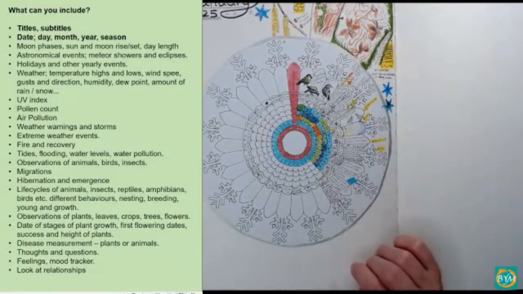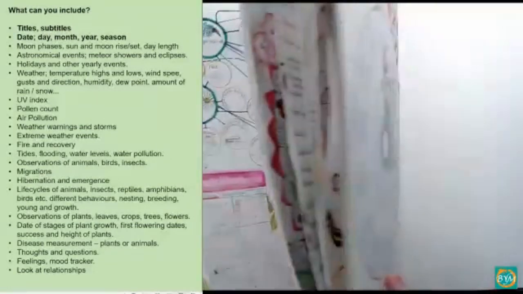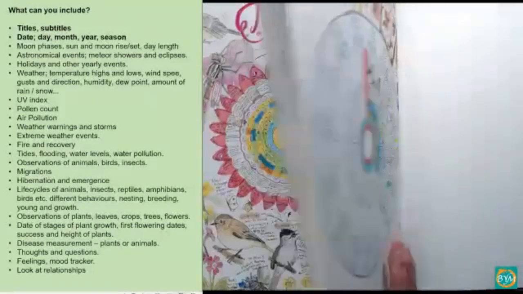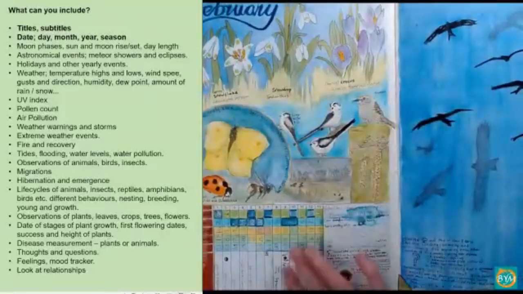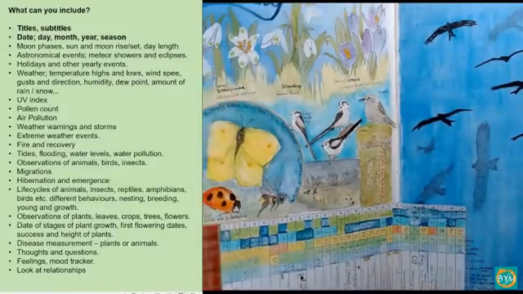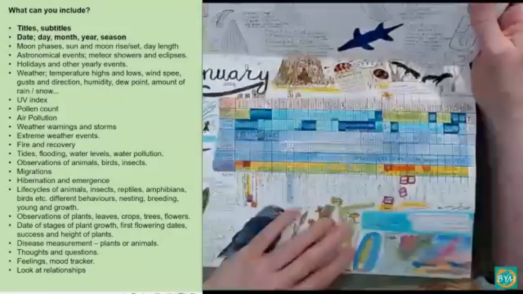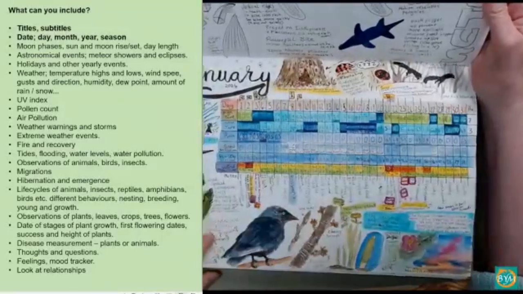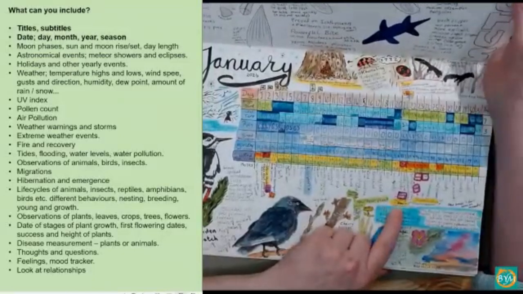You can also include extreme weather events. So if you do happen to have something like a tornado warning, and there is one somewhere. Where has it gone? There we go.